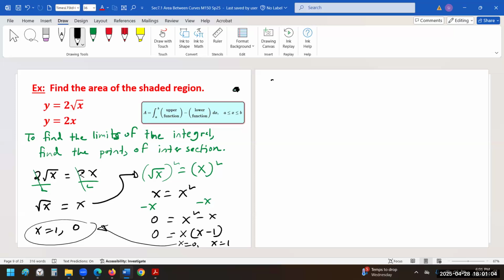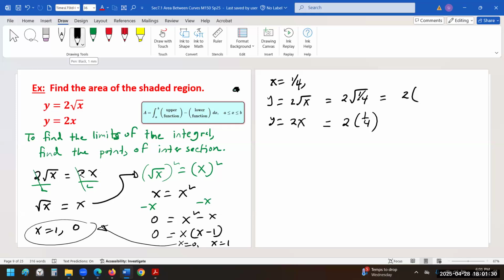1/2. So if x is 1/2, y equals 2 square root of x and y equals 2x. So this becomes, let's pick 1/4. So we have 1/4 here. Oh, and this is 2x only. And we have 2 times 1/4. So square root of 1/4 gives us 1/2, and here we have 2/4.